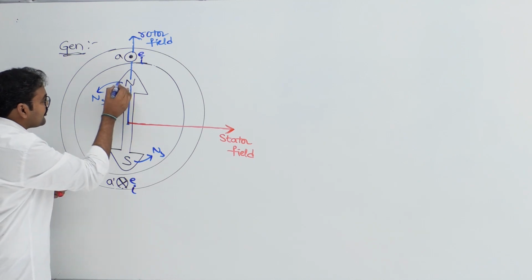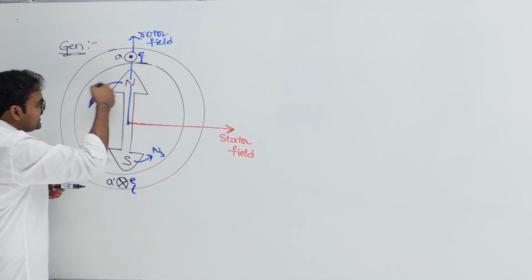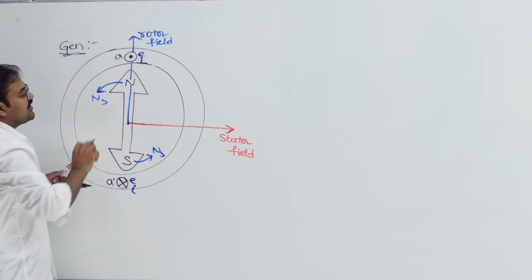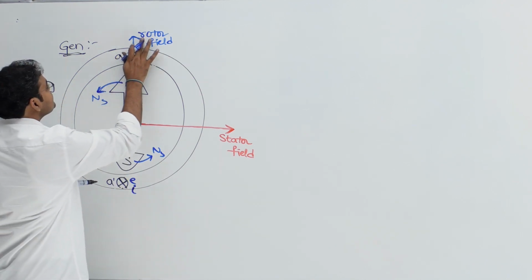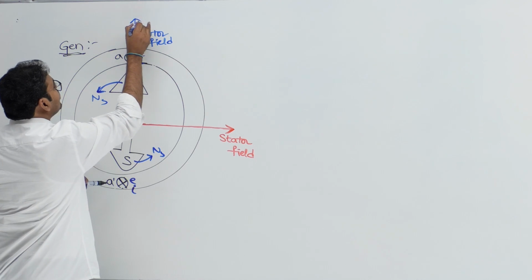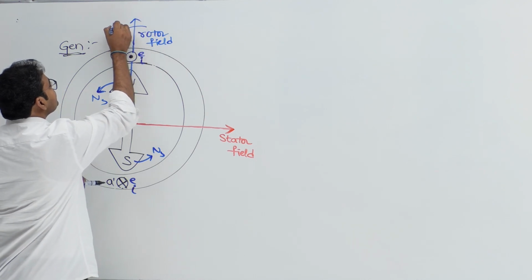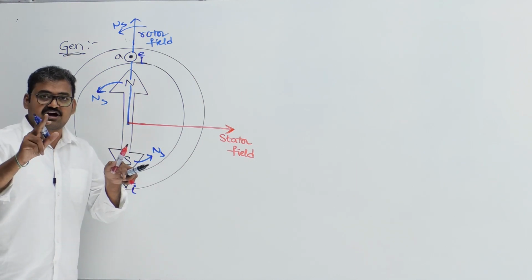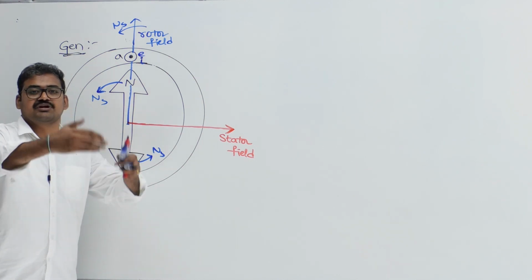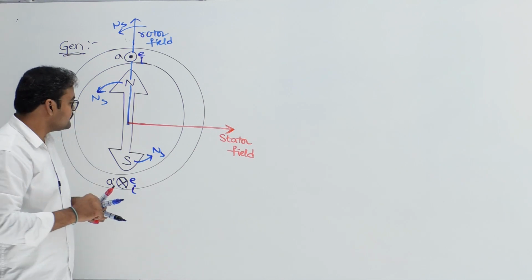Therefore, as rotor is rotating with a speed ns, definitely the rotor field will also rotate with the same speed ns. So, point is very clear. Rotor field is rotating with a speed ns. Why rotor field is rotating if I ask you? Because rotor is rotating. Okay, fine.